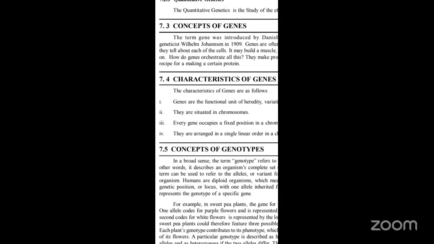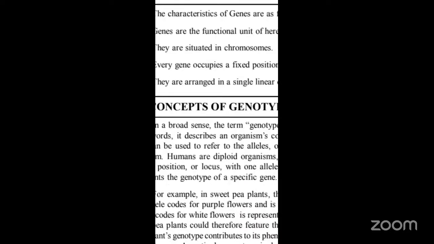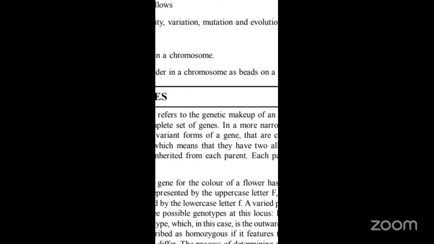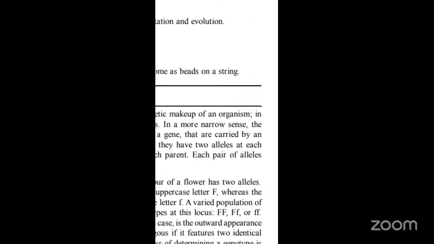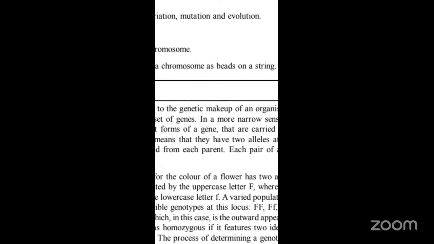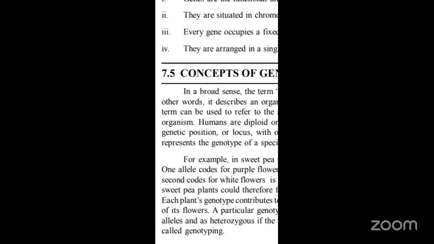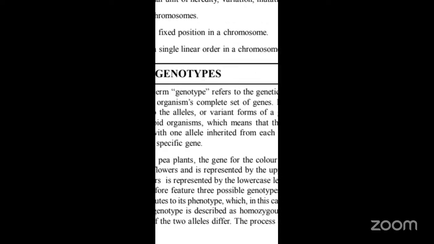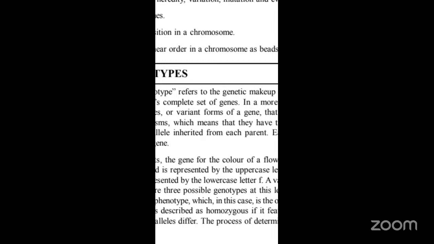So what does genotype mean? In a broad sense, the term genotype refers to the genetic makeup of an organism. In other words, it describes an organism's complete set of genes.